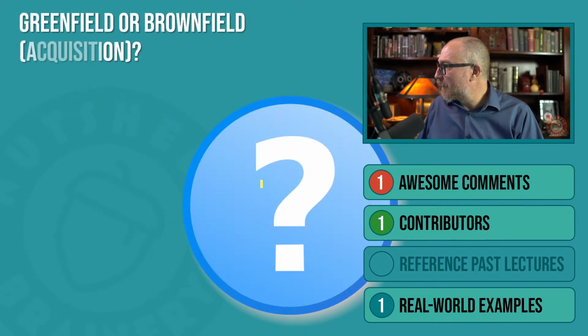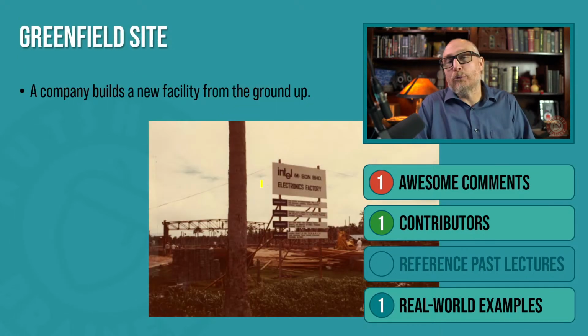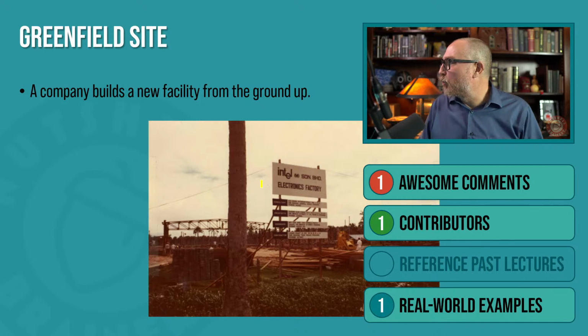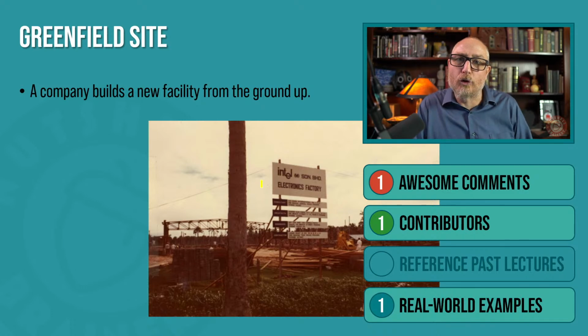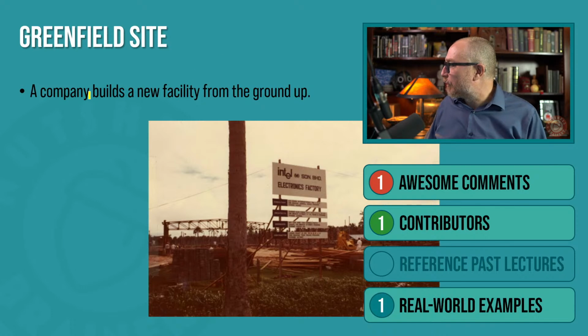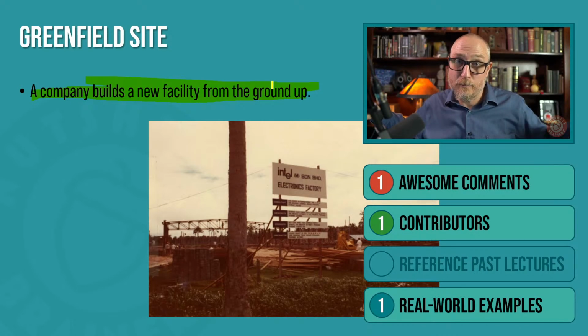On the other hand, we can also have acquisition, right? We can acquire a company. Now, the question is, do you go with a greenfield site or a brownfield site? Let me explain. Greenfield is when a company builds a whole new facility from the ground up.